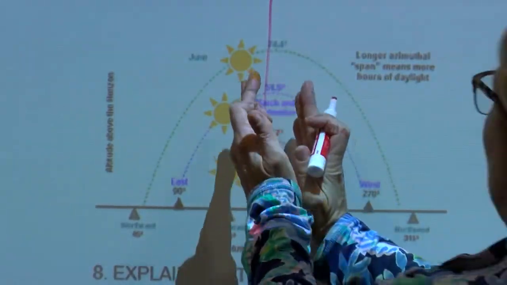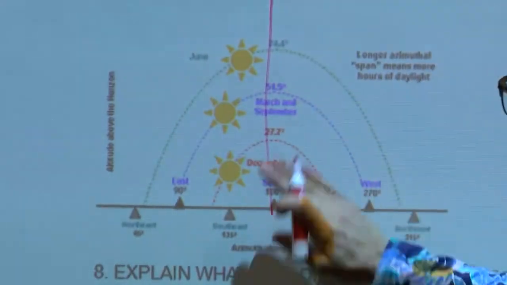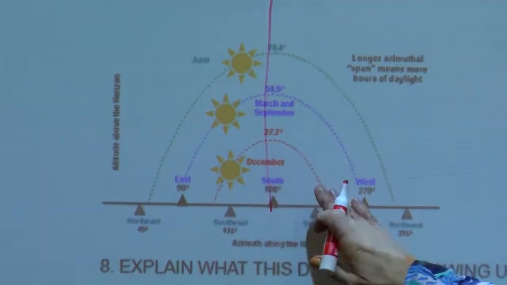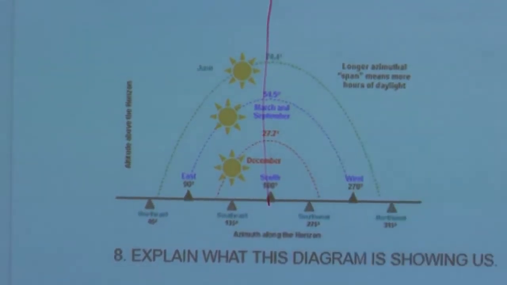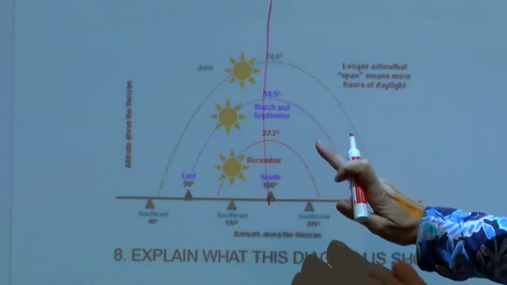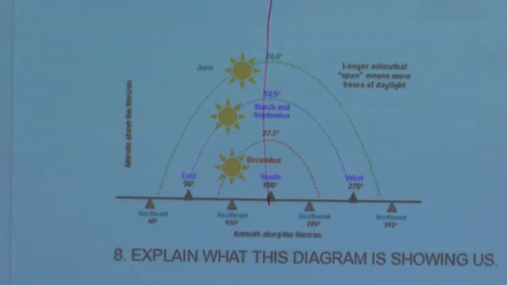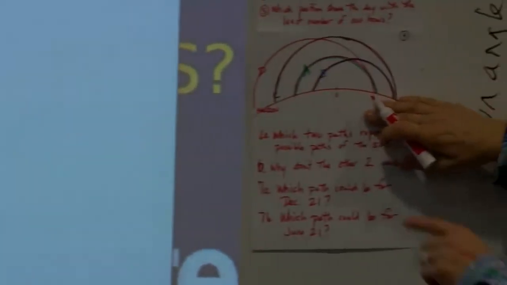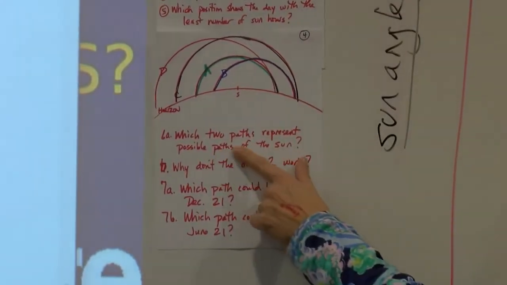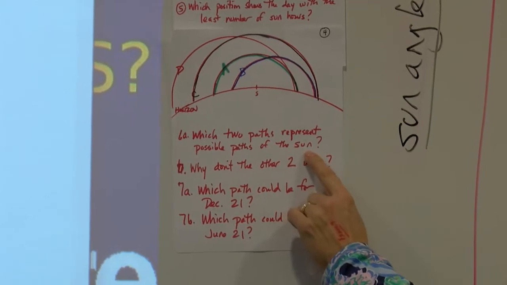That each side is equidistant, okay? That is how the sun works, okay? The sides are equidistant. This is asking you which lines are possible paths of the sun.